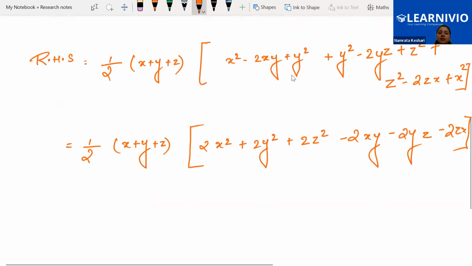Yes, ma'am. Okay. Now we can take 2 out common from the big rectangular bracket, right? Yes, ma'am.